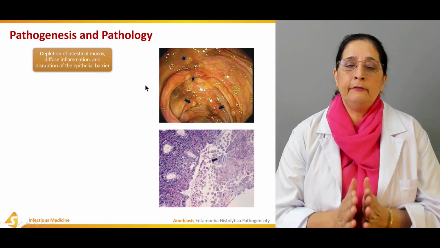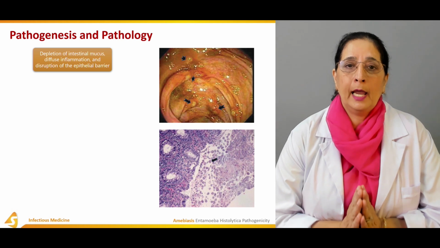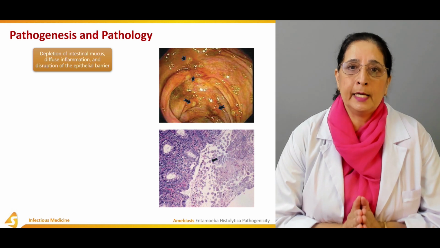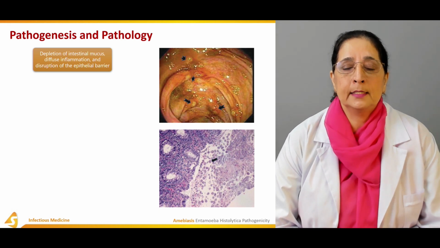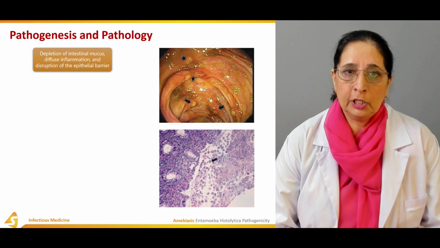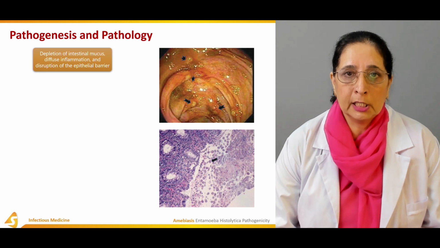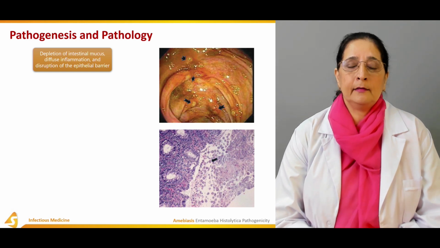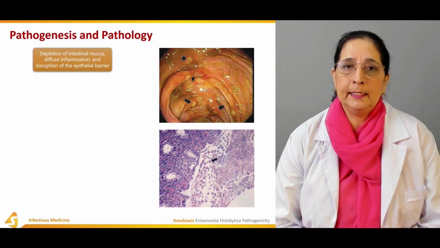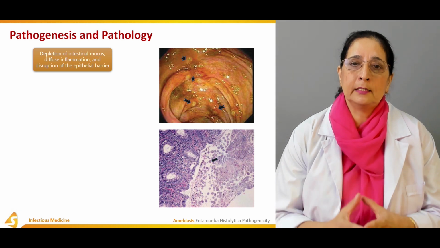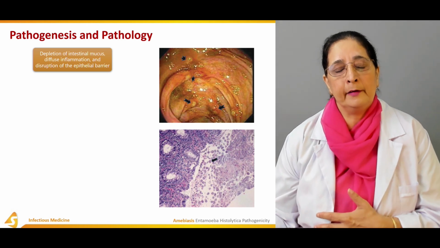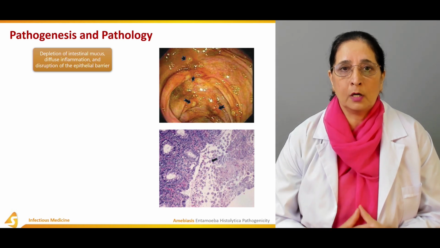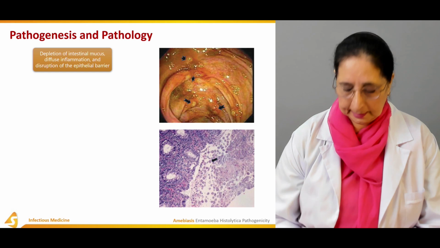As the invasion of intestinal tissue takes place, there is depletion of intestinal mucus, diffuse inflammation, and disruption of the epithelial barrier. And once there is disruption of the epithelial barrier, the infection can spread and cause serious illness.